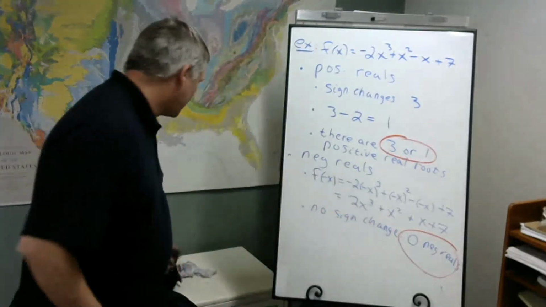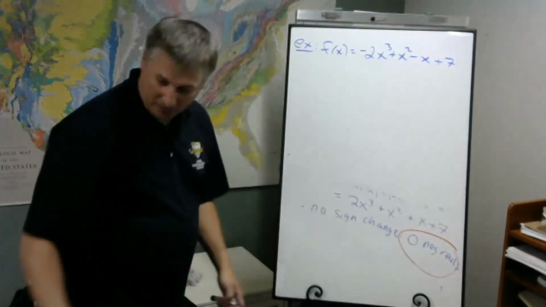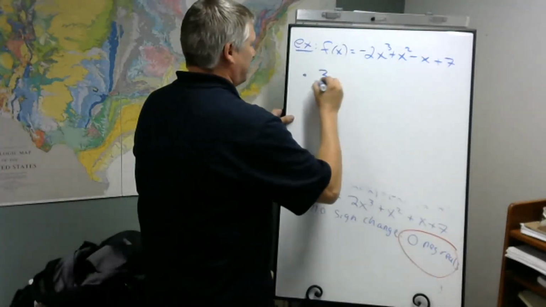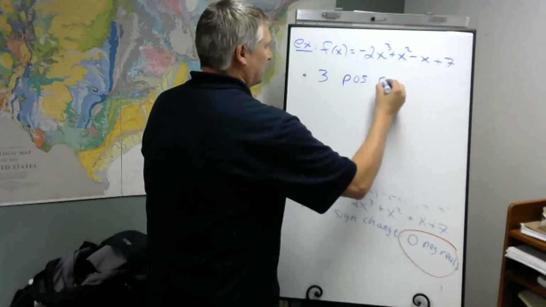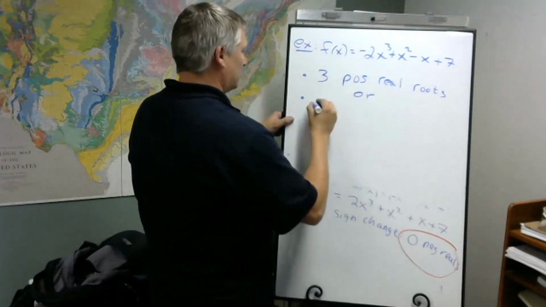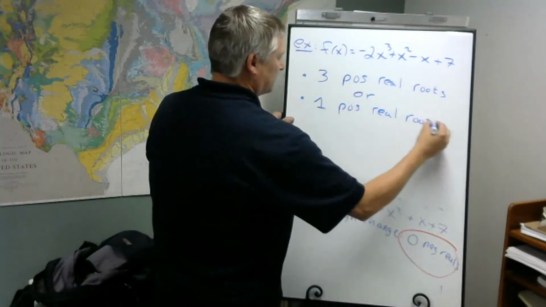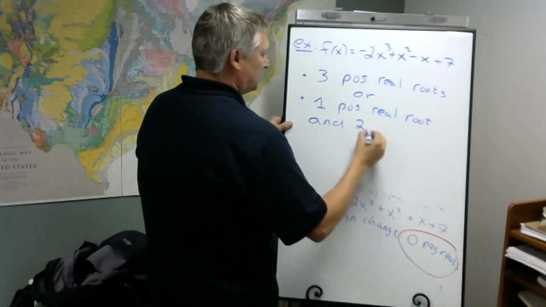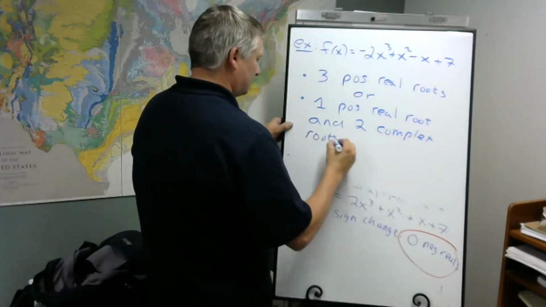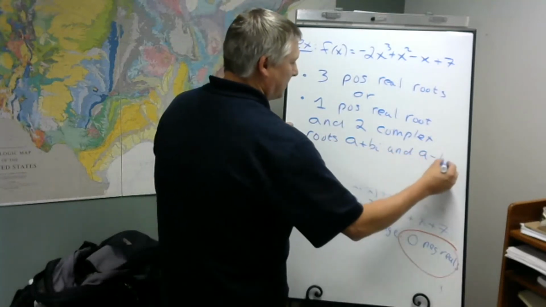So we have basically 2 scenarios. Three positive real roots, or 1 positive real root and 2 complex roots, a plus bi and a minus bi.